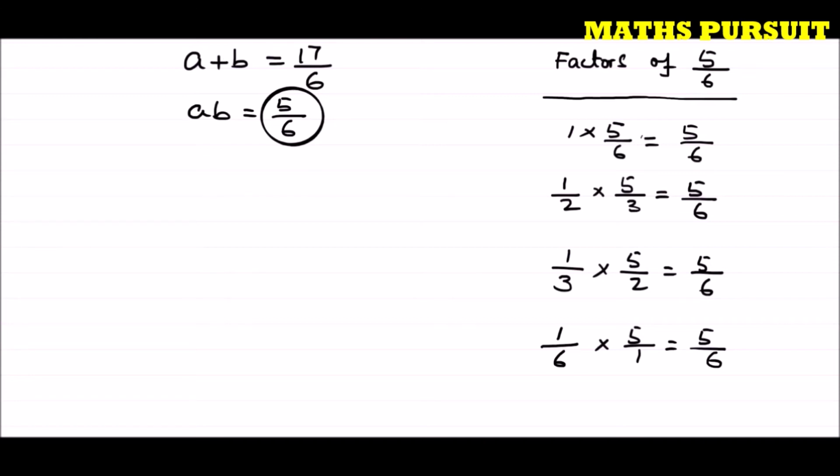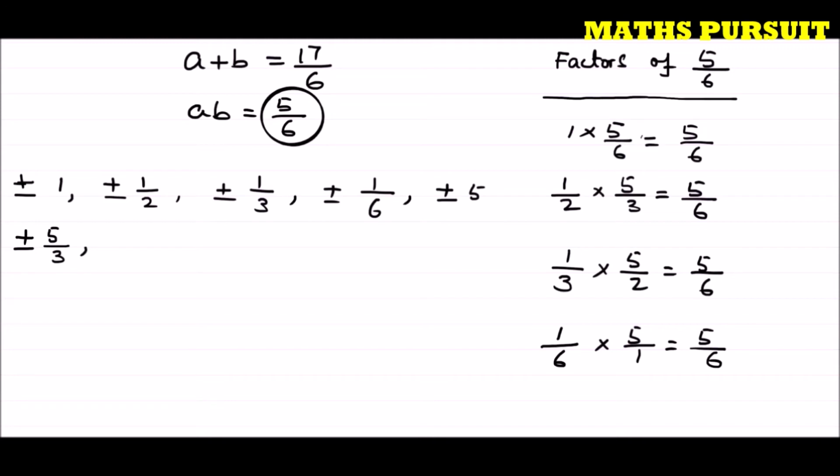So what are the factors for 5 upon 6? Plus or minus 1, plus or minus 1 by 2, plus or minus 1 upon 3, plus or minus 1 upon 6, plus or minus 5, plus or minus 5 upon 3, plus or minus 5 upon 6.